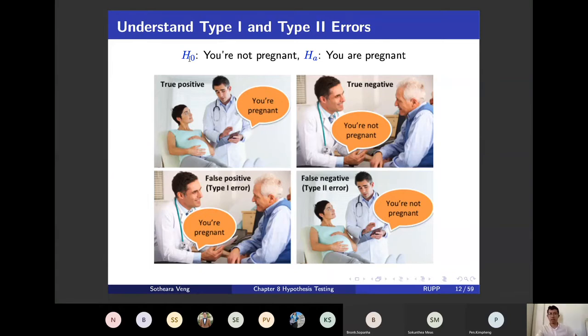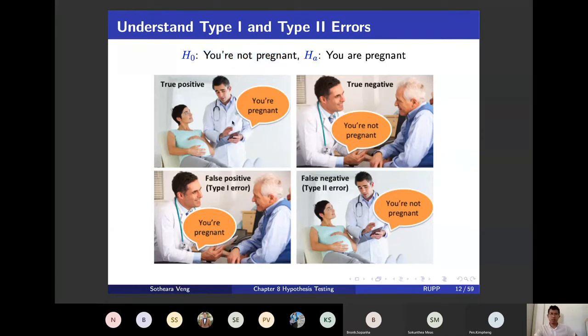So that is one possible error. Here, suppose that the null hypothesis is true, meaning you are not pregnant, and then you come up with rejecting it. So you reject this, it means that you conclude you are pregnant.